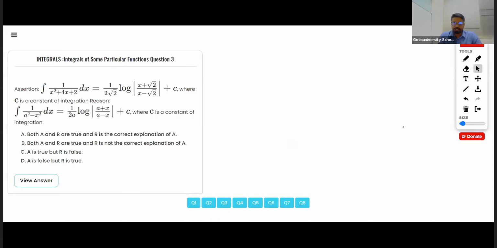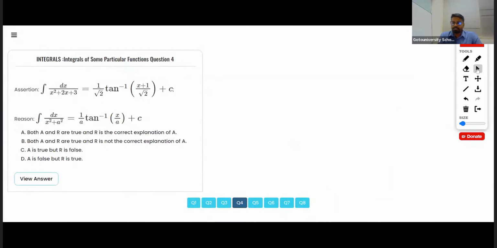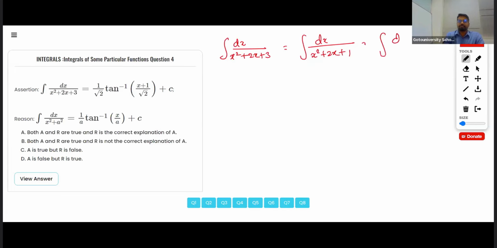Let's go to the next question. Question number 4. Another assertion reasoning question, similar and in line with the previous question. Integral of dx by x square plus 2x plus 3, which can be written as dx by x square plus 2x plus 1, plus 2.